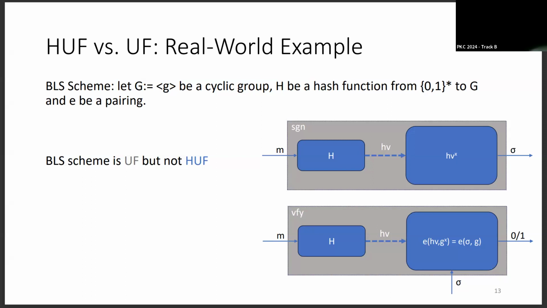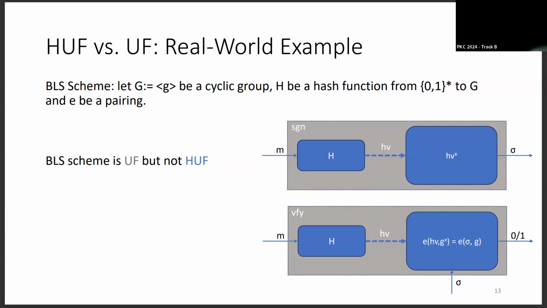And then this is the signature. For the verification, you hash the message again. The hash value is plugged with the signature into this pairing, and you check the equality between the pairing of the hash value and the public key, and the pairing of the signature sigma and the generator g. And this accepts or rejects. So this is BLS.